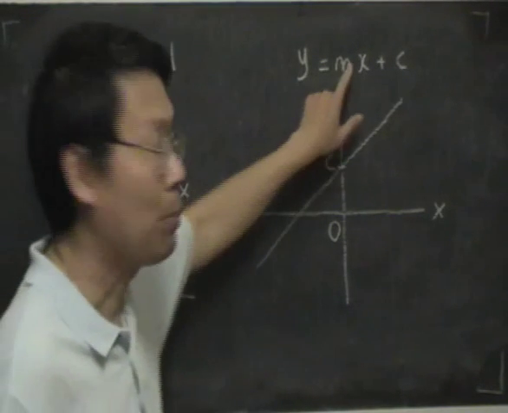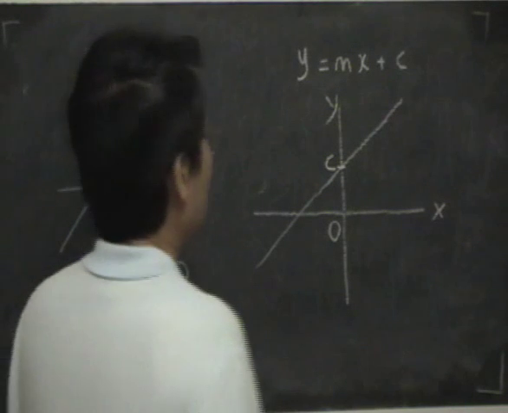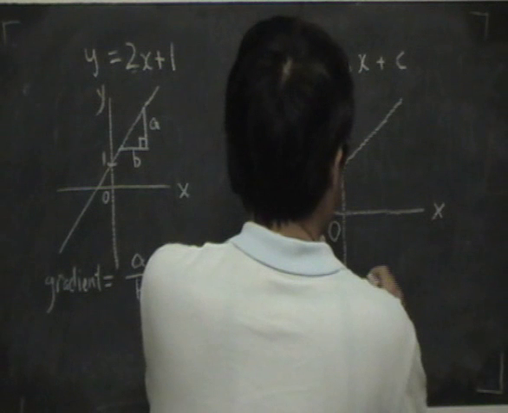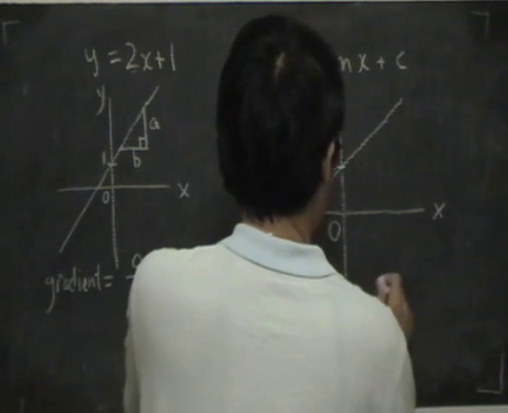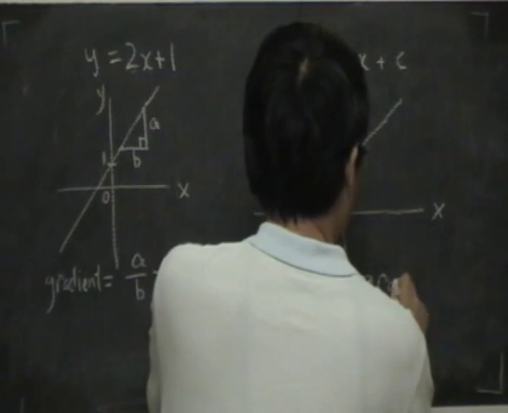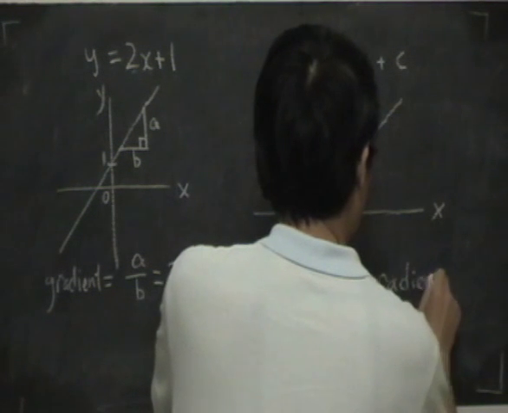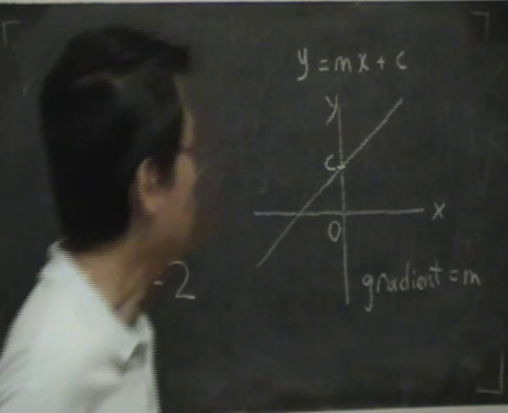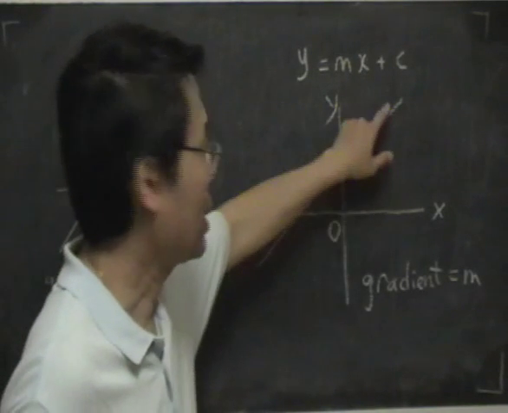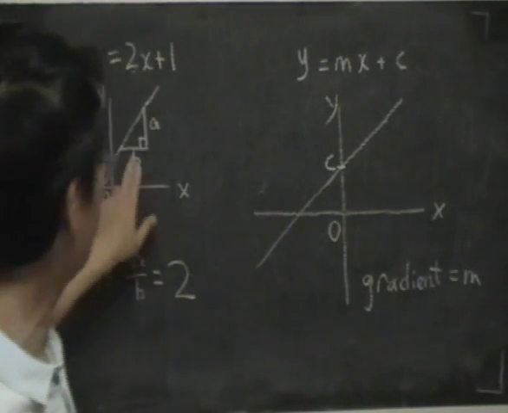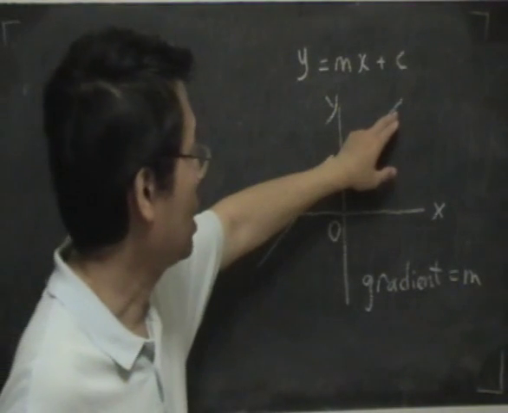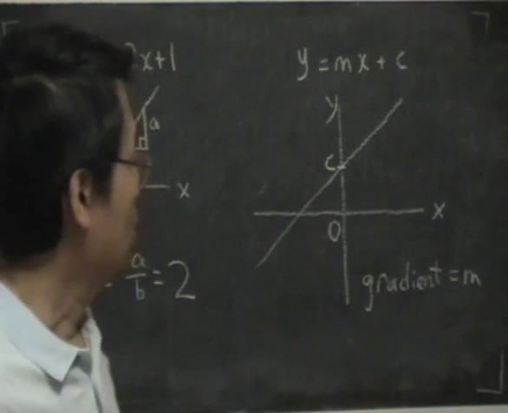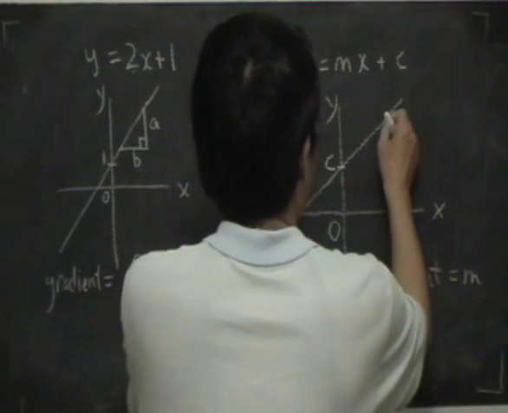And how about the m? It means that m must be the gradient. So let me write that down. Gradient is equal to m. So if I draw any right-angled triangle like this, and take the vertical over the horizontal, okay, let me just make up something.